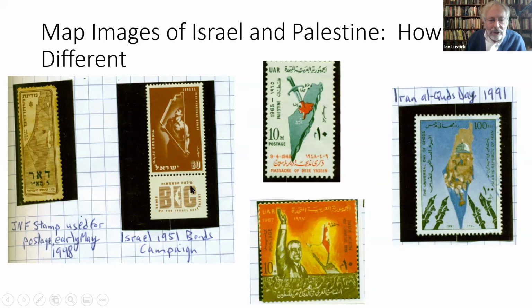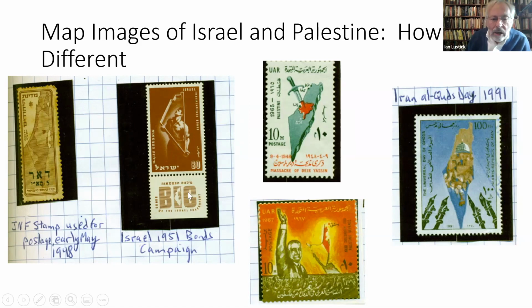But what's really interesting is that although a very abstract image of Israel is in the map, in the stamp itself, an image of the entire land of Western Palestine that was not ruled by the state of Israel at this time, but which aspirationally was desired by many, many Israelis who believed that Zionism and the Jewish people had the right to rule all of this land west of the Jordan.